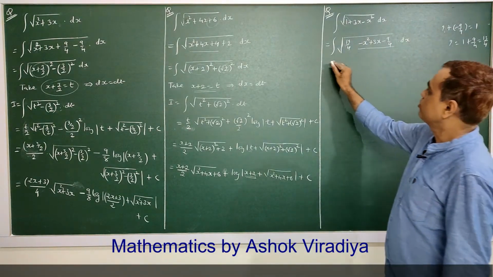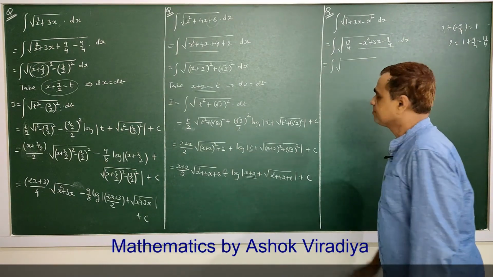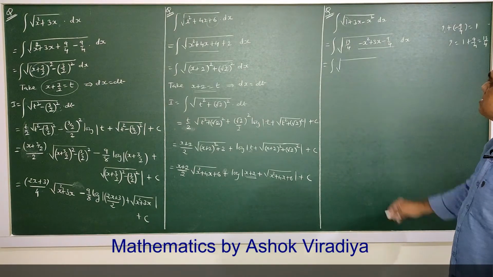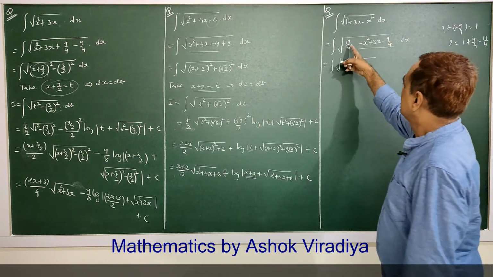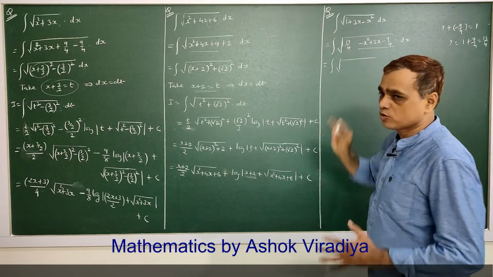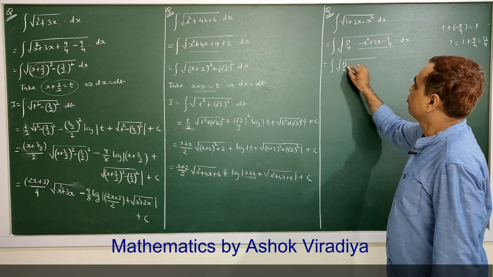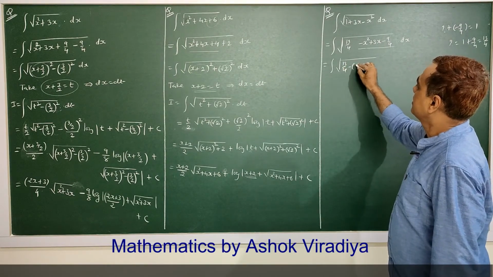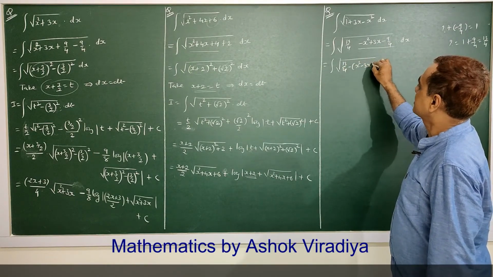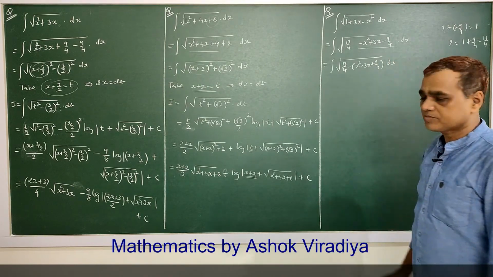So it is equal to the integral of square root of 13 minus 9, 4 by 4, 1, it's okay. Now this is 13 by 4 minus, common, it is x square minus 3x plus 9 by 4 dx.